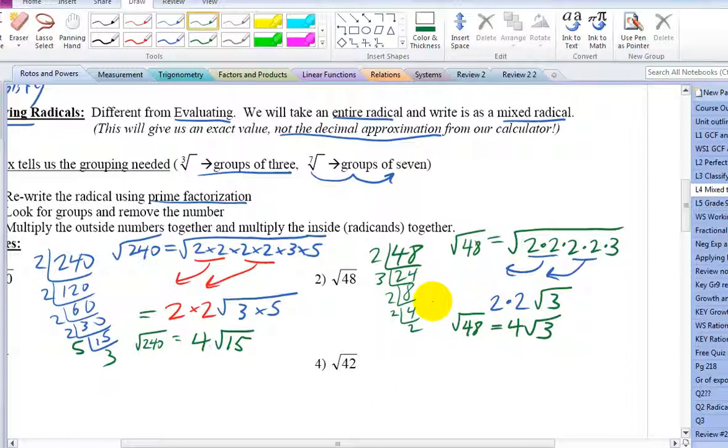So, how many people got 4 root 3? Hands up. Awesome. Okay.